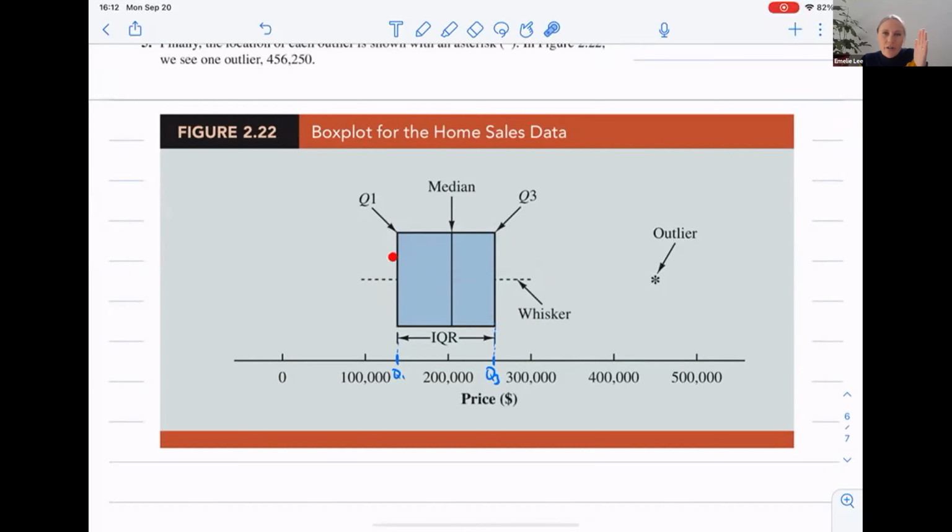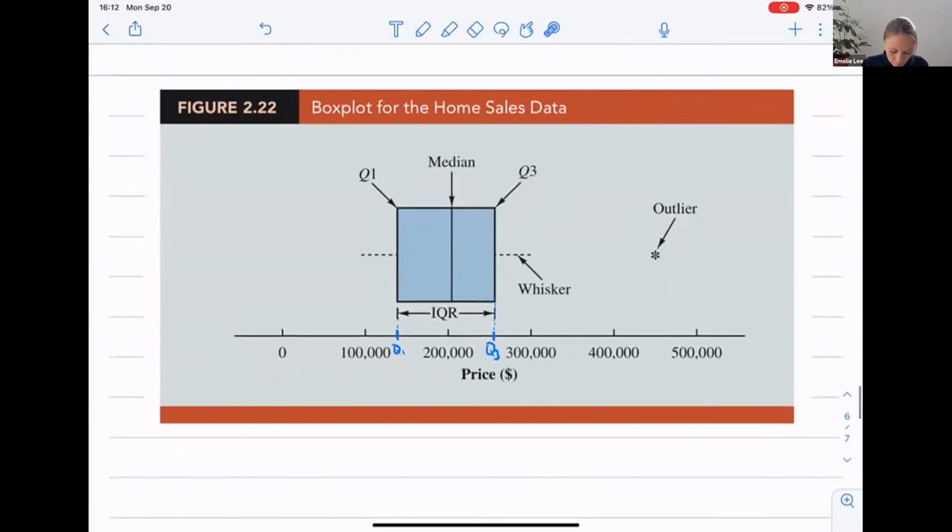You draw your first line at Q1 and then your second line at Q3, maybe draw a median, and connect them with a box. That's the meat and potatoes of your data, the middle 50%. The interquartile range is the distance between those two.